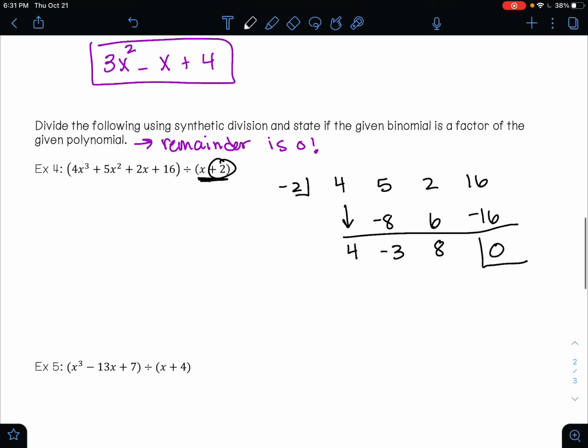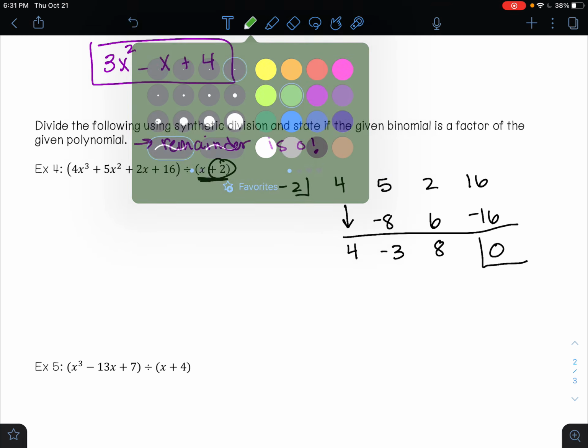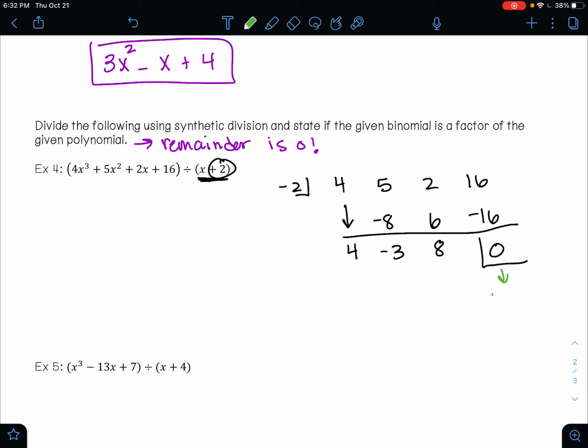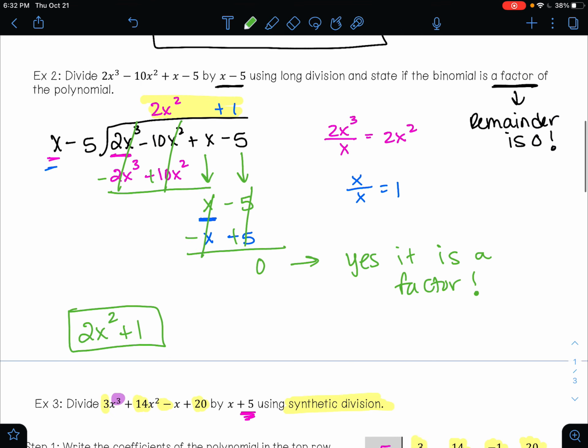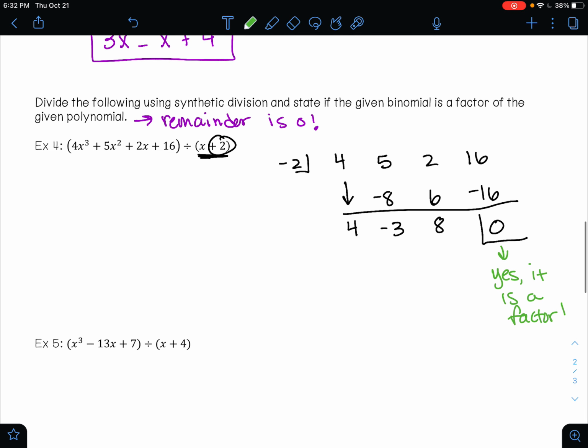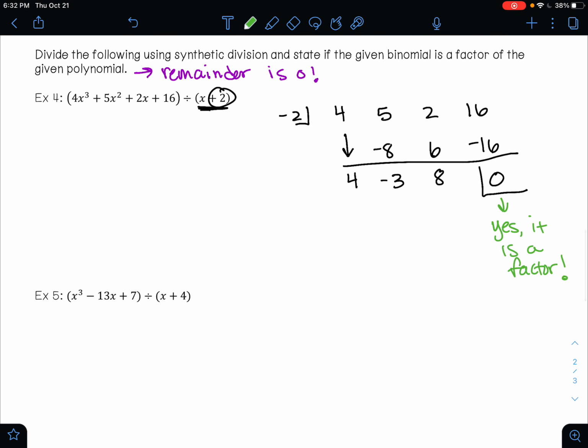My remainder is 0, so yes, this is a factor because it went in evenly. And then we want to write our quotient.